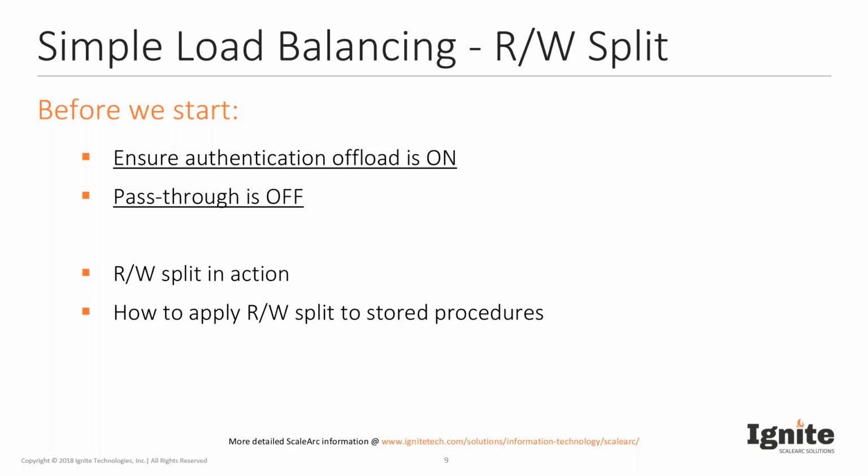As you might imagine, ScaleArc pre-authenticates all the connections, and in order to load balance the traffic across all the nodes in the cluster, it needs to be able to offload this authentication and re-authenticate against those nodes. Therefore, this feature, the authentication offload, needs to be enabled for the load balancing to work. Otherwise, the authentication traffic will just be passed through to your master node, and therefore ScaleArc will not be able to reestablish those connections to other nodes in order to load balance this traffic.